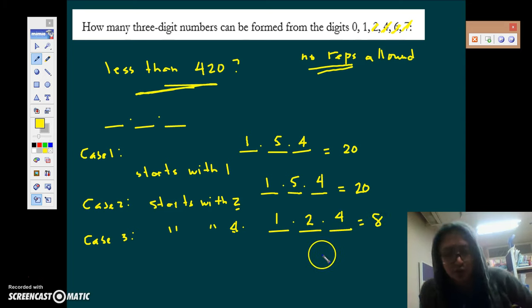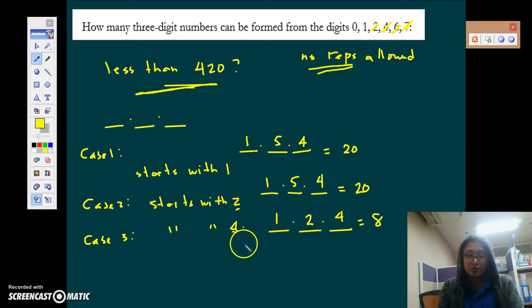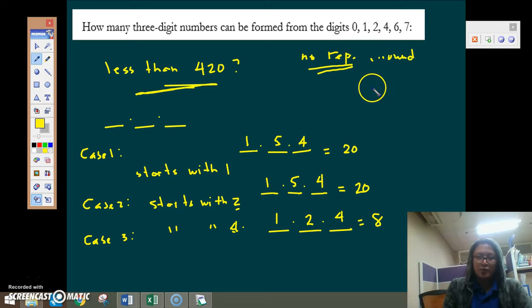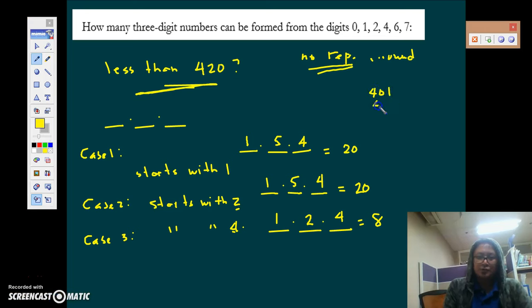So let's count all the numbers that start with 4. There are 8 of them. Let's see. We have 401, 402, 406. Again, no repetitions of digits. 407, 410, 412, 416, and 417.